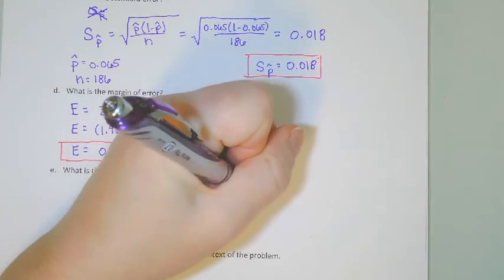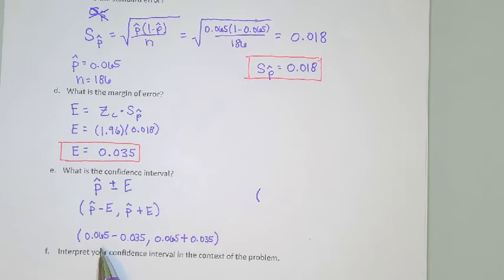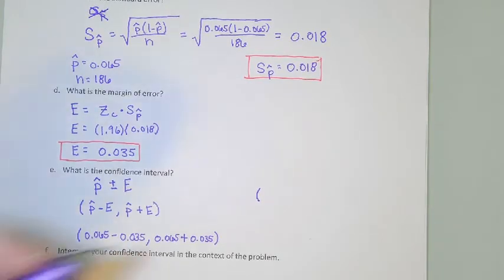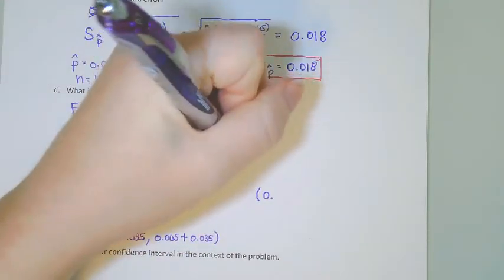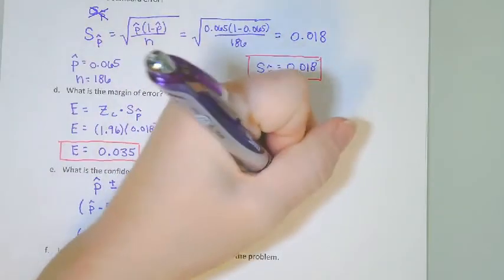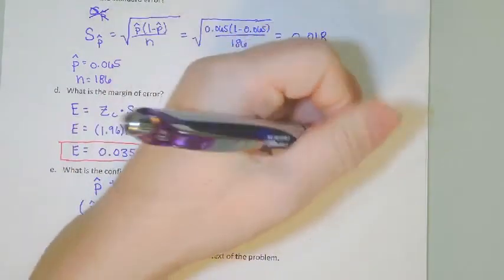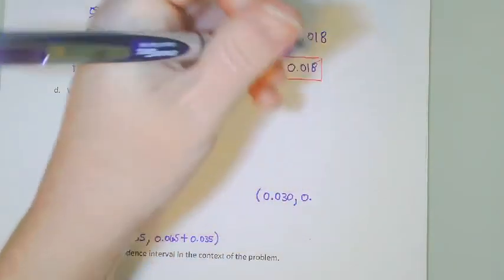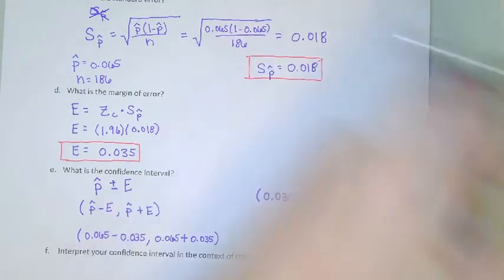On my calculator, 0.065 minus 0.035, rounded to 3 decimals, gives 0.030, comma. And if I calculate the high range, 0.065 plus 0.035 rounded to 3 decimals gives me 0.100.